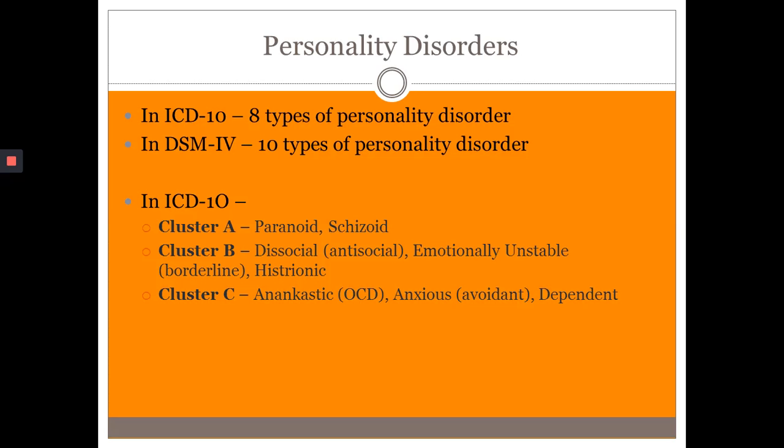The Cluster B approach deals with dissocial, emotionally unstable and histrionic, which we'll go over momentarily, and Cluster C, the anancastic, the anxious and the dependent, which has an overlap with understandings of neurosis as well as with psychosis.